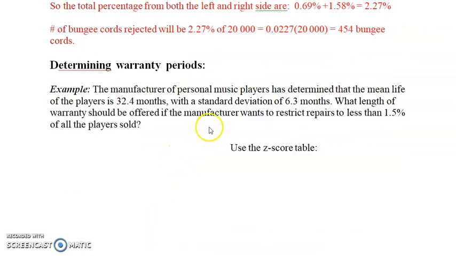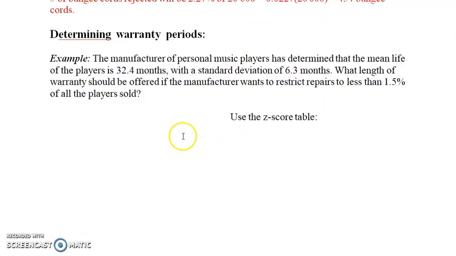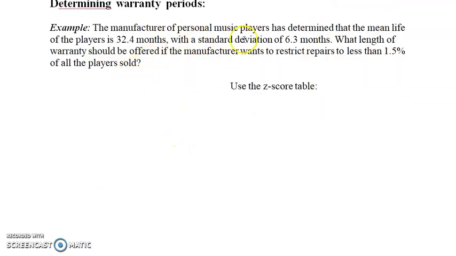The last example is determining warranty periods. The example says the manufacturer of personal music players has determined that the mean life of the players is 32.4 months, with a standard deviation of 6.3 months.